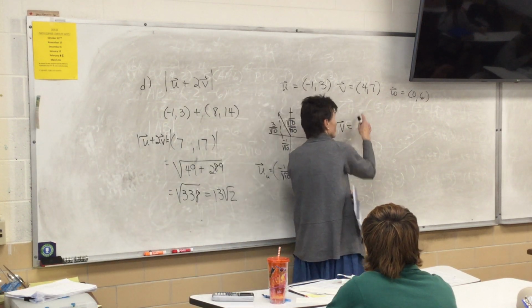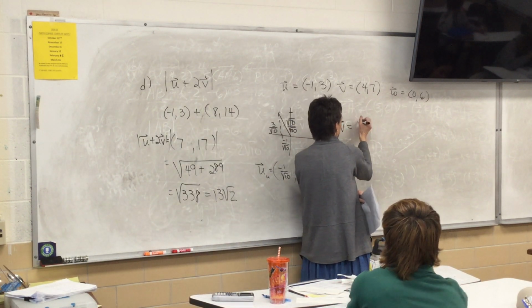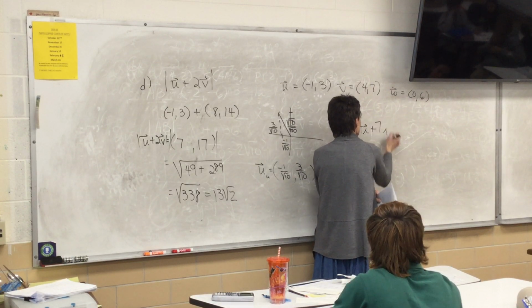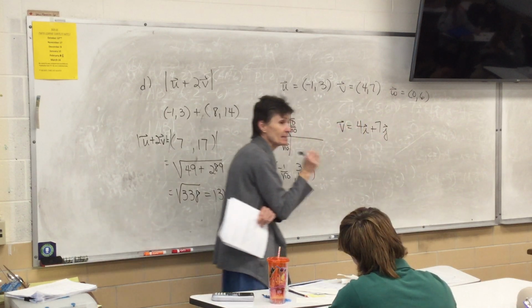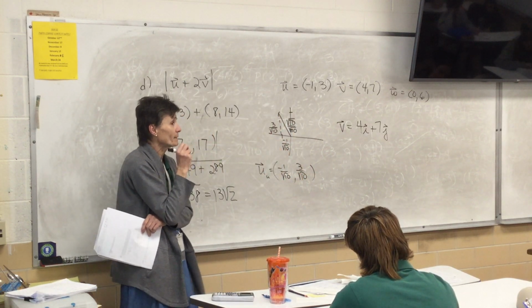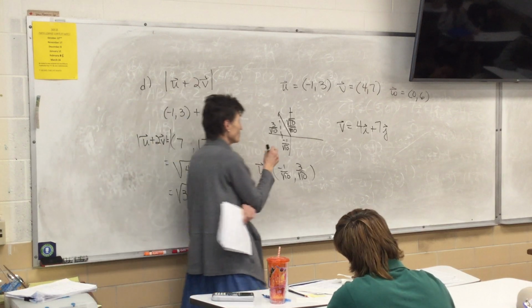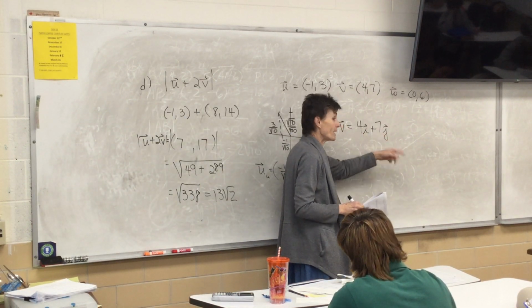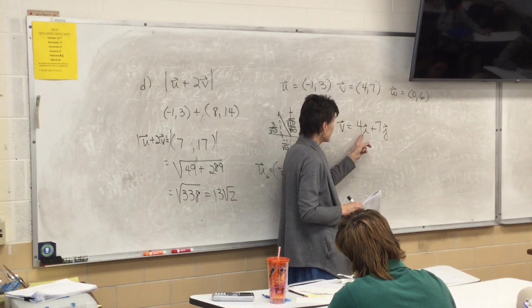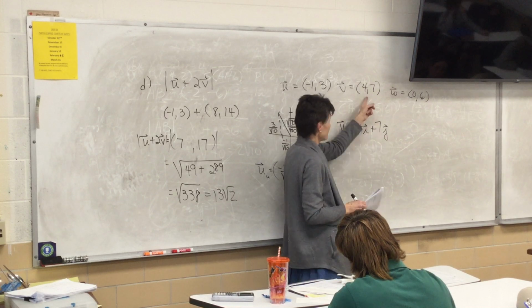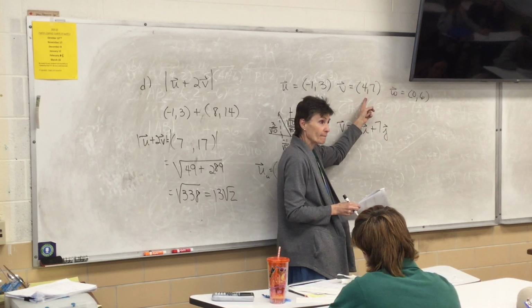Here's v, what's it look like in terms of i's and j's? 4 i's plus 7 j's. It can't be any easier, that's it. That's all there is to it. That's a linear combination of i and j. This tells me, remember, i is horizontal steps and j is vertical steps. So this says I'm going to go 4 horizontal steps and 7 vertical steps, and that's exactly what this vector's doing.